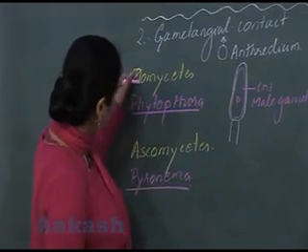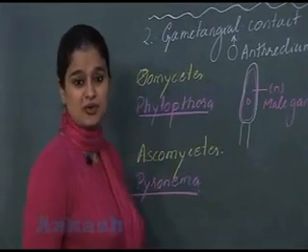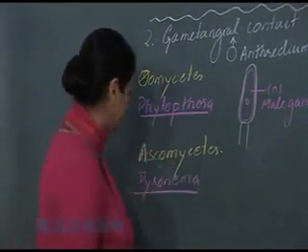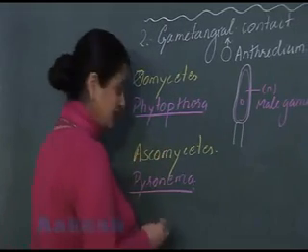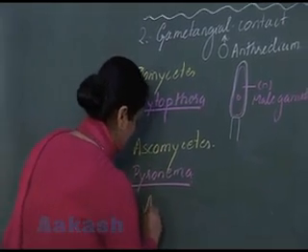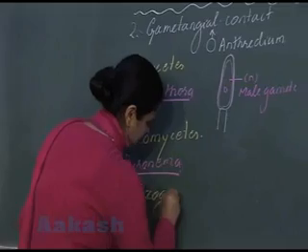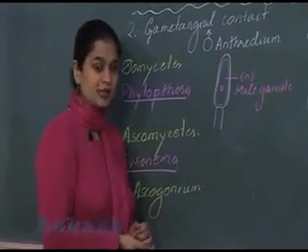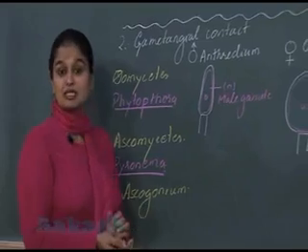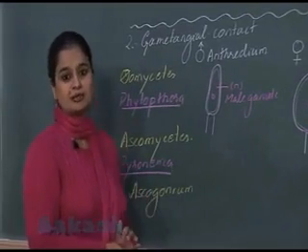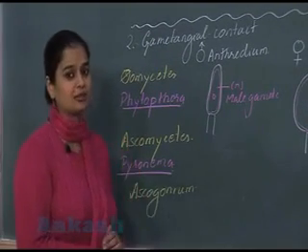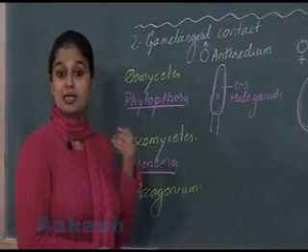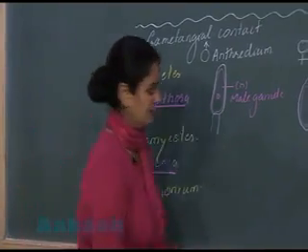In the oomycetes, female sex organ which is formed, that is known as oogonium, and in the Pyronema, the female sex organ which is formed, that is ascogonium.